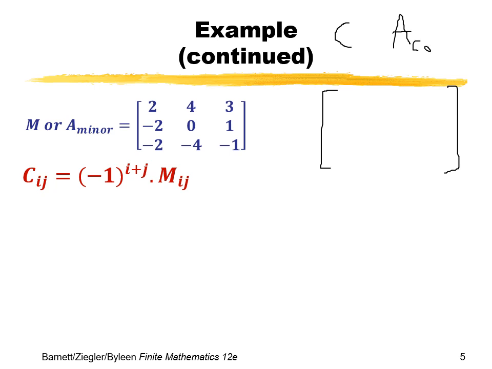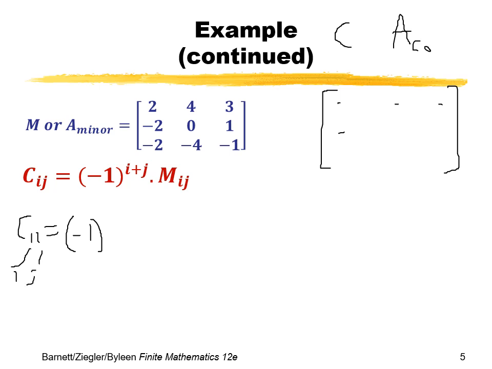We have 9 elements: C11, C12, C13, C21. So let's calculate C11. C11 equals, as the equation says, negative 1 power i plus j. i here equals 1 and j equals 1.